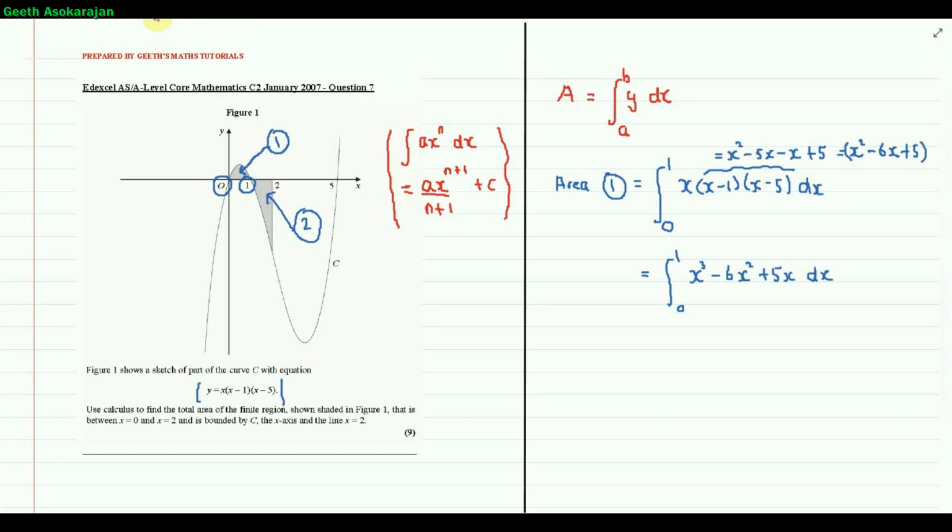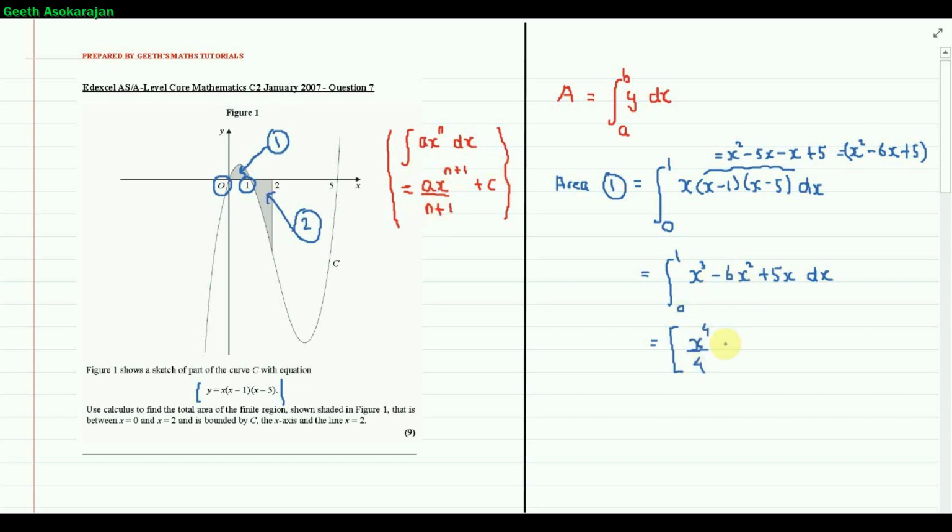Now let me follow that approach here. Since we have an integral with limits, let me open up a square bracket. When I integrate x cubed, we add 1 to the power, 3 plus 1 is 4, divided by 4, the resulting power.